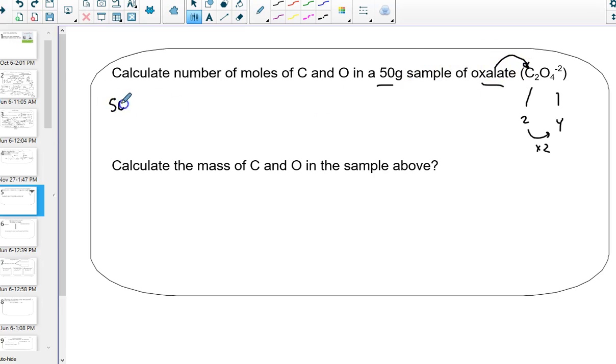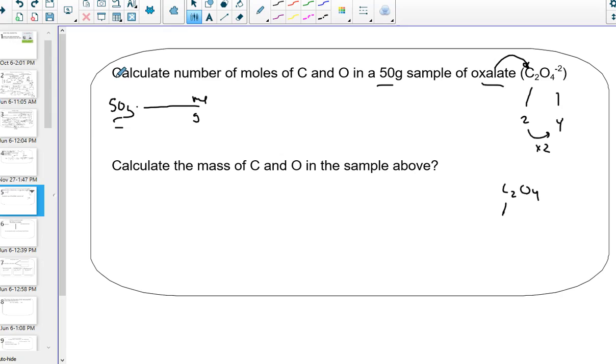So 50 grams of oxalate, get rid of grams and go to moles. How much does this thing weigh? So I got the C2O4. That's what the 50 grams is of. So I got to use that molar mass. Carbon has 6 protons, but on average it has a molecular weight of 12.01.